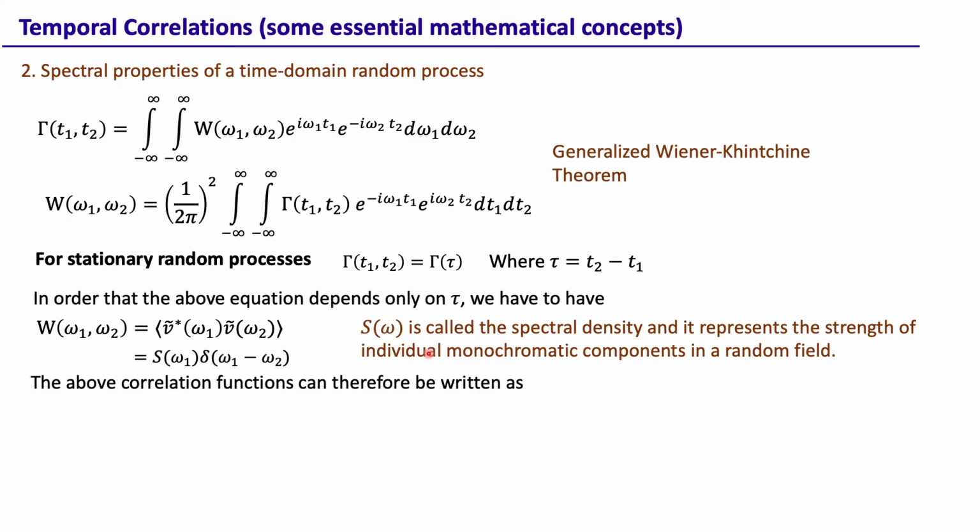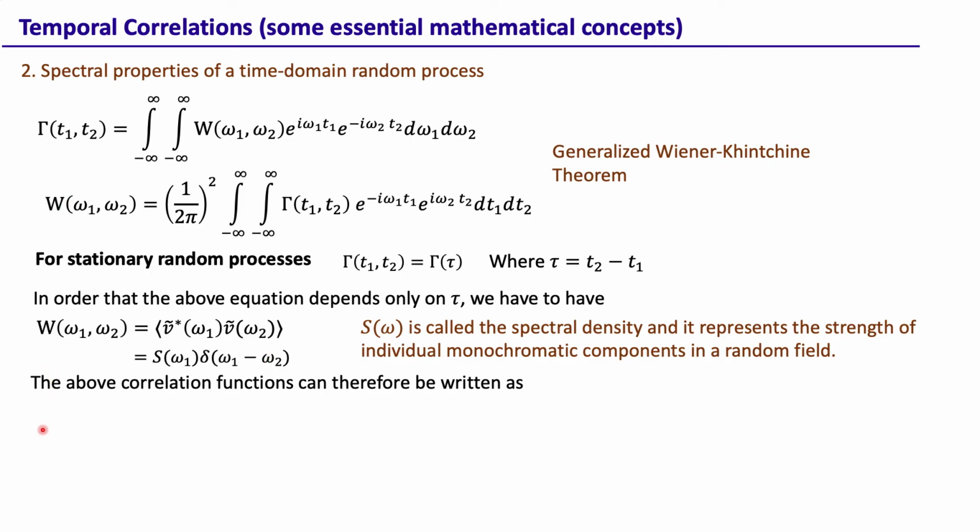Now, if it's a stationary random process, that is the form of gamma, and by default W has to take this form. Then we need to substitute this in here. There's a delta function, so we can integrate over one variable, omega 2, to get rid of it.